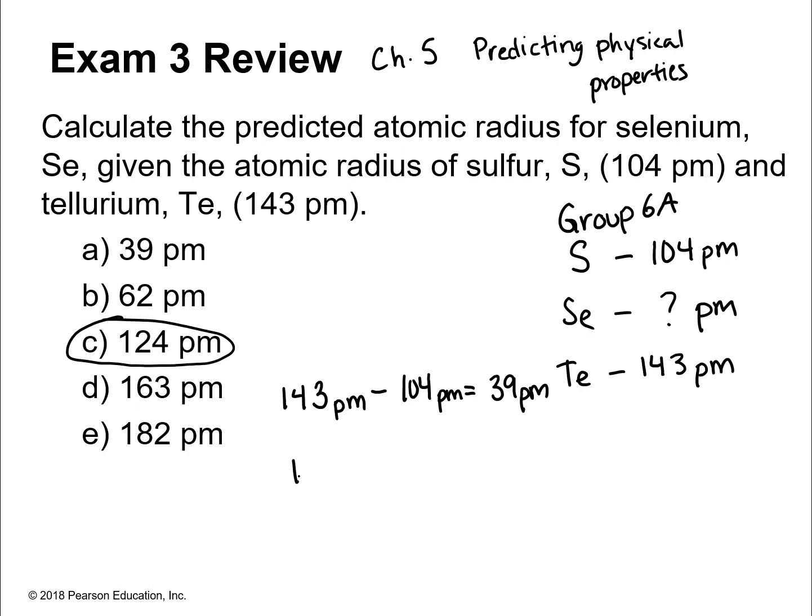So we're going to take the radius for sulfur and add half, which 39 is pretty close to 40. So I'm going to call it 20 here. Makes the math a little bit easier. We're going to add half of the difference to the radius for sulfur. And that should be the radius for selenium.